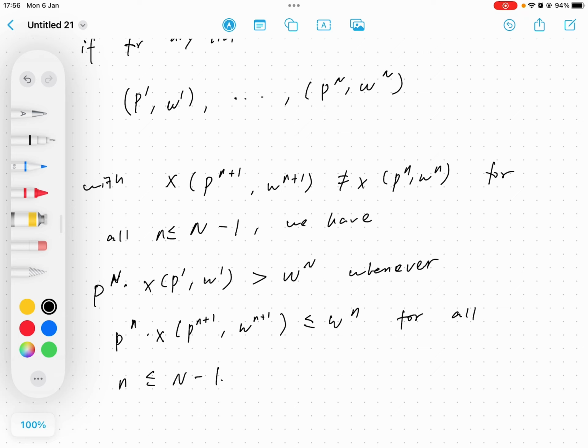So this requirement looks very long, and essentially it's saying that for those entries noted by this little n, which is not the last one, for all those previous ones, whenever this is satisfied, it means that if we use the price for the nth entry and the W for the nth entry, and if we use the solution for taking the price and W for the n plus 1 entry, and that demand has to be less than or equal to this budget for the previous one.